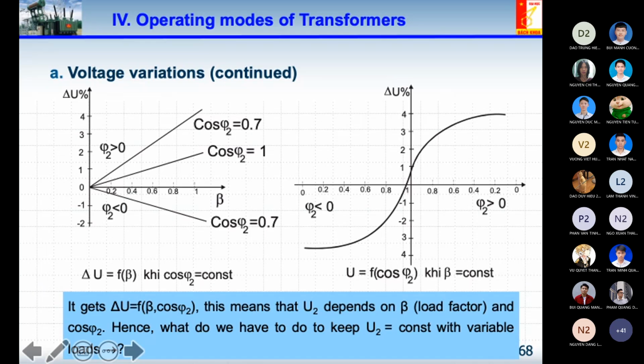Because of the different loads, the output voltage of the transformer is lower or larger than the rated voltage.